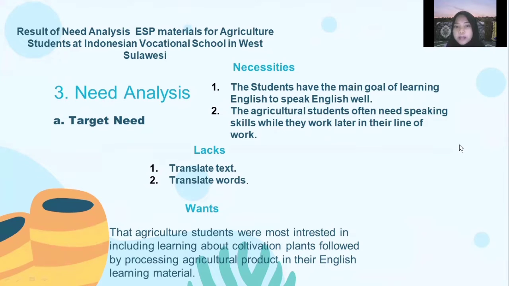Number 2, the agriculture students often need speaking skill while they work later in their line of work. The next is lacks, like number 1, translate text, and number 2, translate words. The next is wants: agriculture students were most interested in learning about cultivating plants, followed by processing agriculture products in their English learning material.